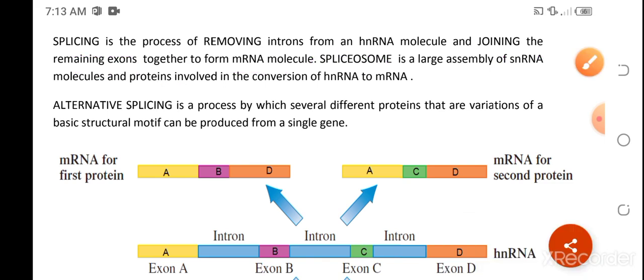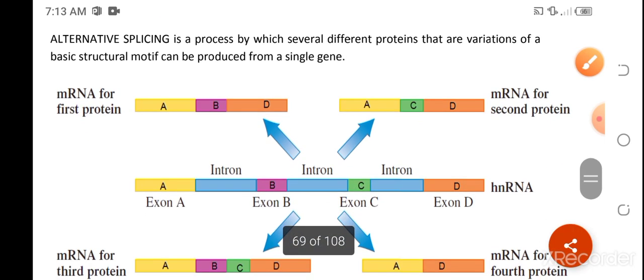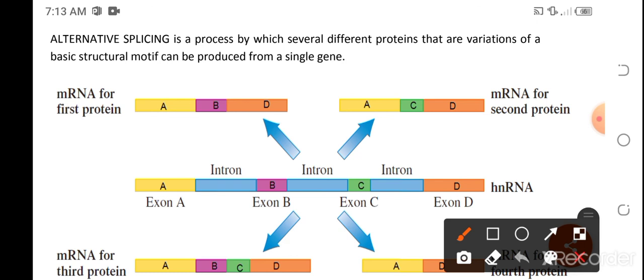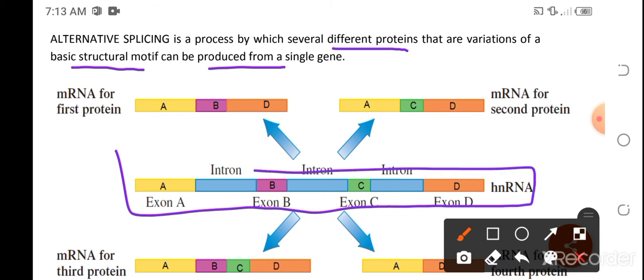Meron din tayong tinatawag na alternative splicing. This is a process by which several different proteins that are variations of the basic structure motif can be produced from a single gene. So if this is hnRNA and segment A is an exon, and this blue segment is an intron, B is an exon, this is an intron, this is an exon, another intron, and an exon.